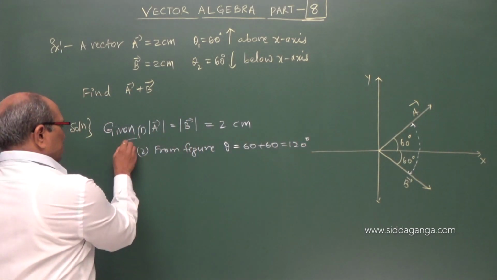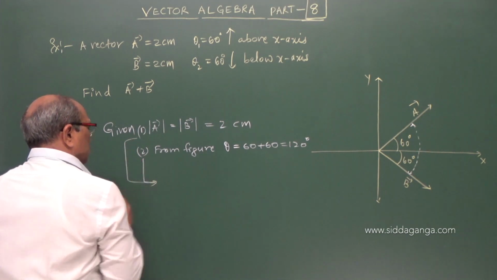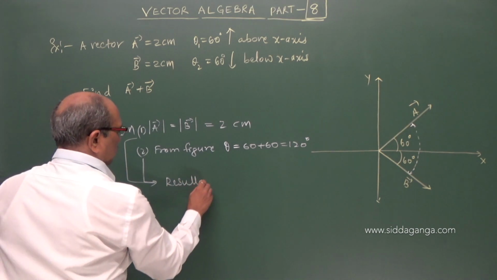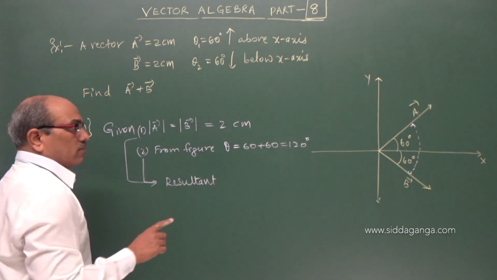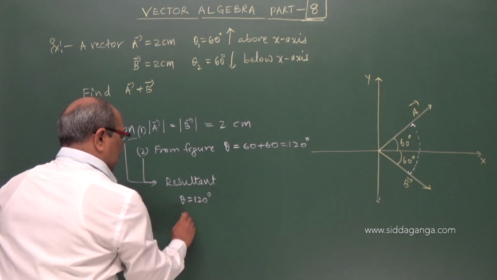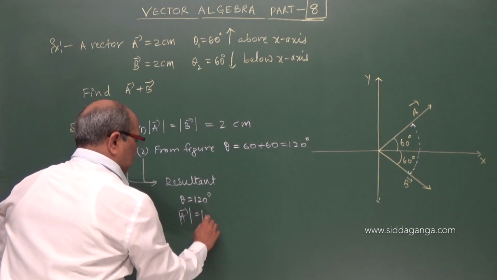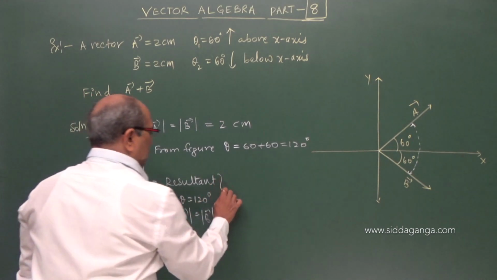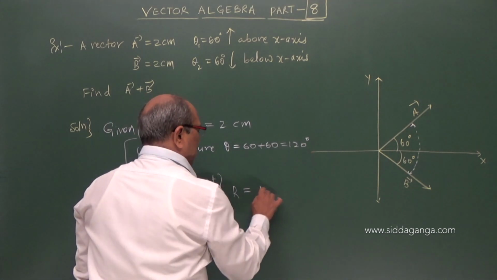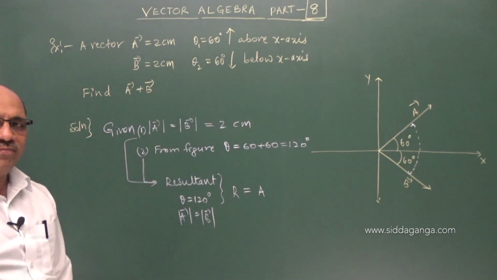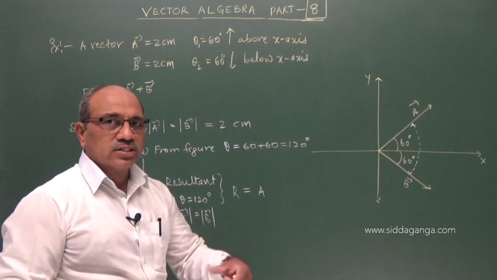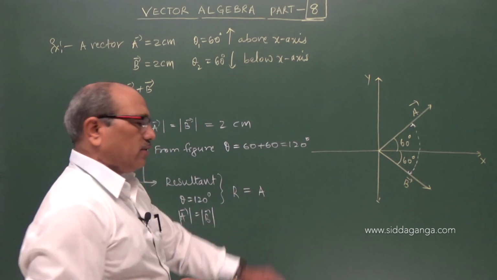When these two conditions hold good, I told you that if the two vectors are same, having angle theta equal to 120 degree and A magnitude equal to B magnitude, then the magnitude of resultant is the magnitude of any one of the vectors. When discussing the various cases in the summations, I showed this one.